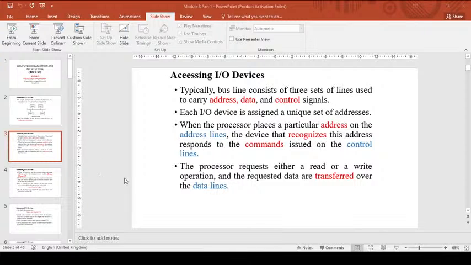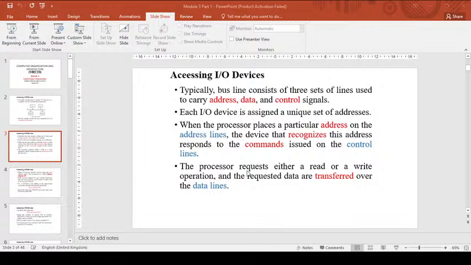So memory mapped IO is nothing but the same memory space being used for addressing memory locations and also IO devices. But some computer systems or processors have special instructions called in and out for data transfer between input output devices. So instead of using the move instruction, some processors support in and out instructions.